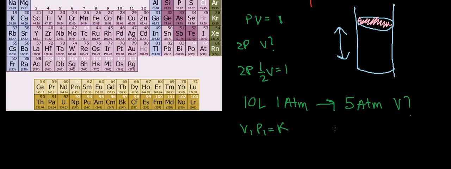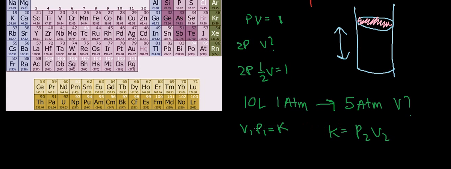So for this second set, it is also going to be equal to K: second pressure and the second volume. Doesn't matter how I change these things. If I change the volume, the pressure is going to adjust itself to be equal to the constant. If I change the pressure, then the volume will adjust itself to be equal to the constant.